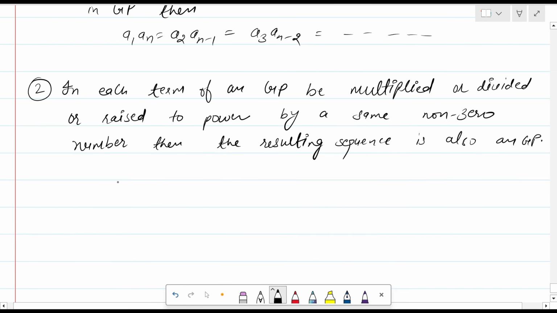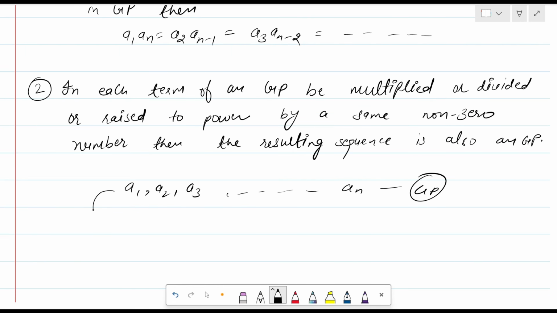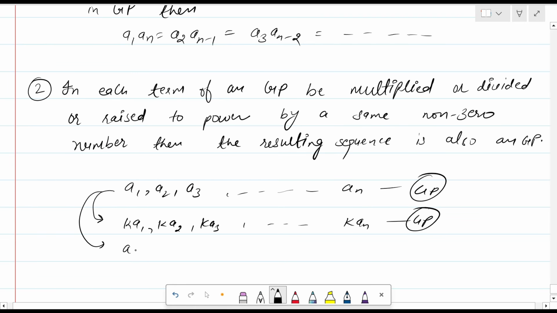So what does it mean? If we have a GP A1, A2, A3 and so on, then if we multiply each term by a fixed number, KA1, KA2, KA3, KAN are also in GP. If we divide each term by a fixed number, A1 by K, A2 by K, A3 by K, AN by K are also in GP.